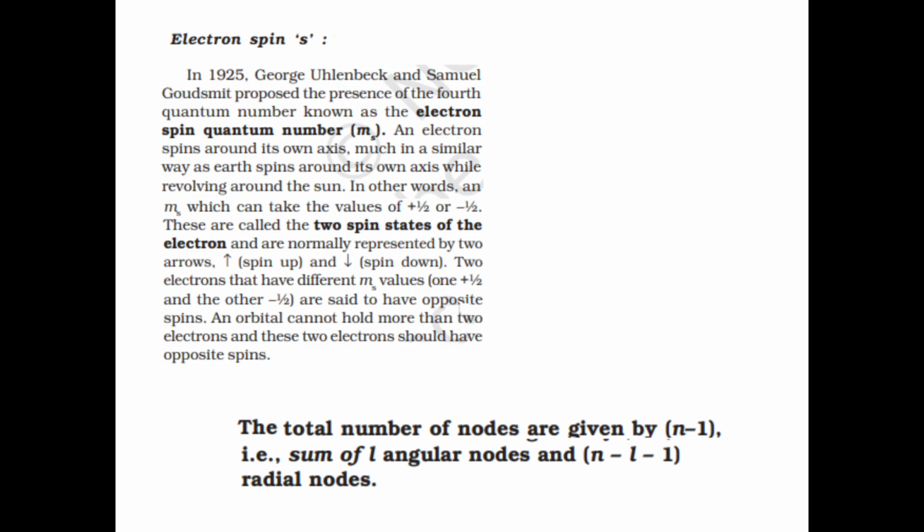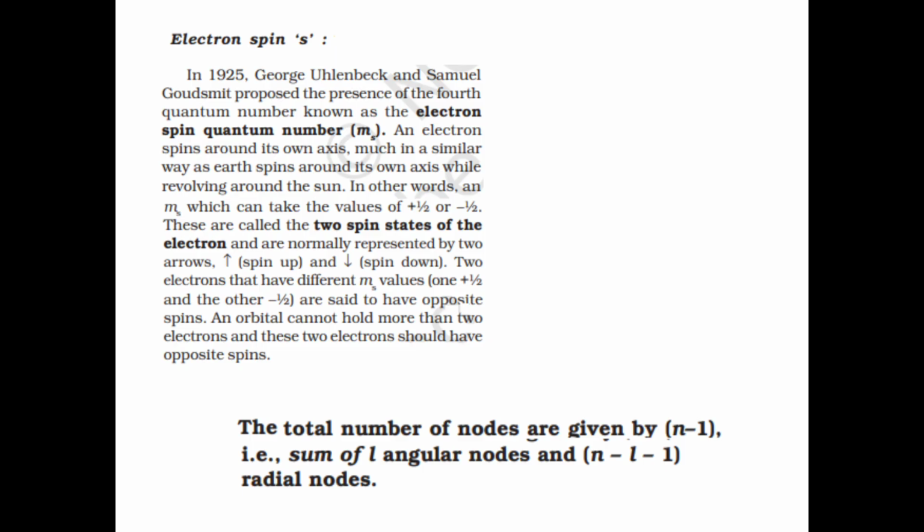These are called the two spin states of the electron and are normally represented by two arrows, spin up and spin down. The two states, with ms values plus half and minus half, are said to have opposite spin. An orbital cannot hold more than two electrons, and these two electrons should have opposite spins.